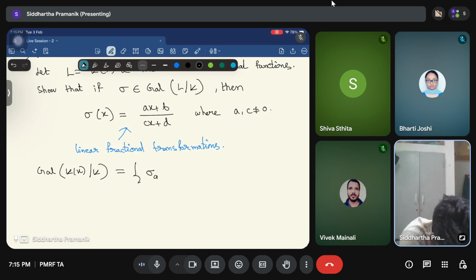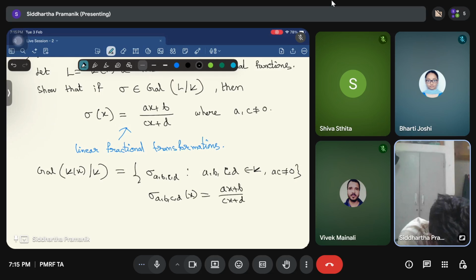So let's write this: sigma_{A,B,C,D} such that A, B, C, D belong to K and AC is non-zero, where sigma_{A,B,C,D} of X is basically (AX plus B) by (CX plus D).